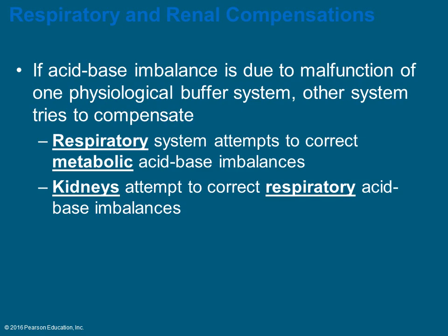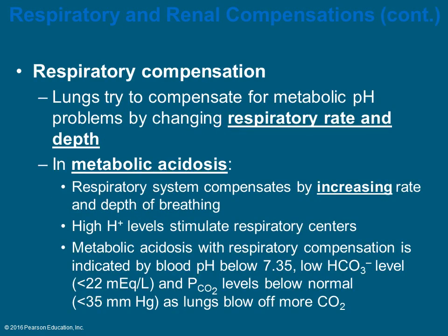The kidneys can try to correct for respiratory imbalances. They cannot compensate within themselves. So the lungs cannot compensate for imbalances due to respiratory problems, but can try to compensate for metabolic ones.